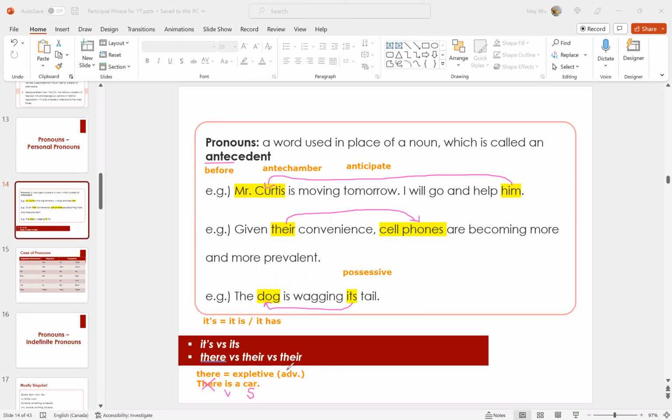And the second there, T-H-E-I-R, this is our possessive case, right? So like the second example sentence, their convenience, that is the same as cell phones' convenience, apostrophe, right? Plural apostrophe in this case.